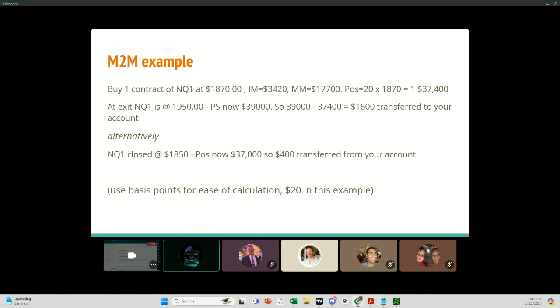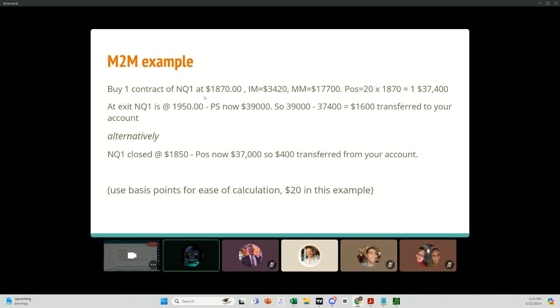So for a given account, say I buy one contract of Nasdaq E-mini at a price of 18.70, say. My margin requirements are just over $20,000, as you see here, $21,000. So I now own 20 times the Nasdaq in terms of the amount of stock. The value of that is $37,400.